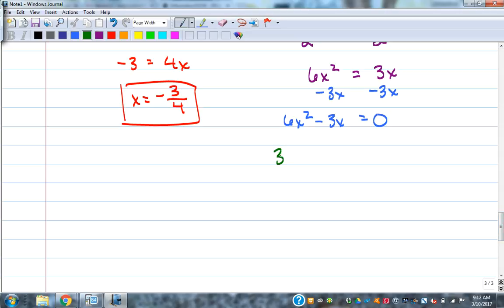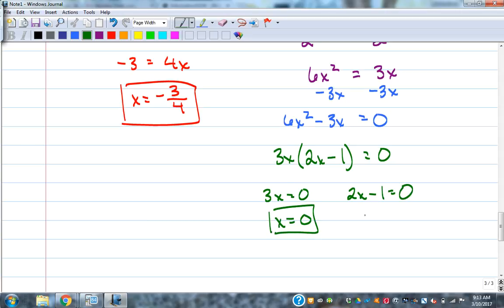Factor out a 3x. 2x minus 1. 3x equals 0, 2x minus 1 equals 0. X equals 0. 2x minus 1 equals 0, or 2x equals 1. So x would be 1/2.